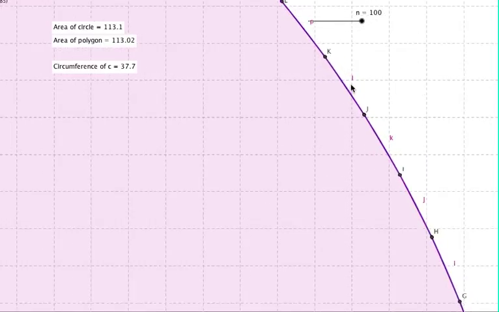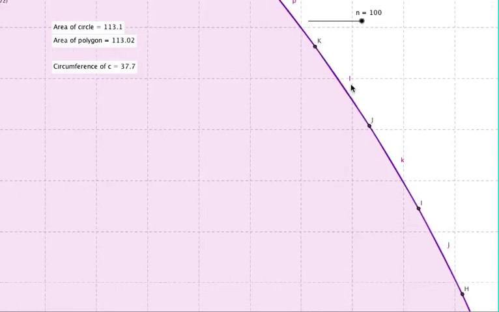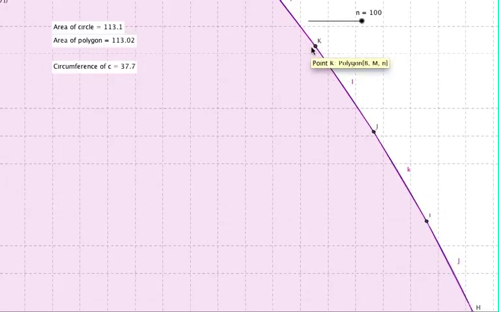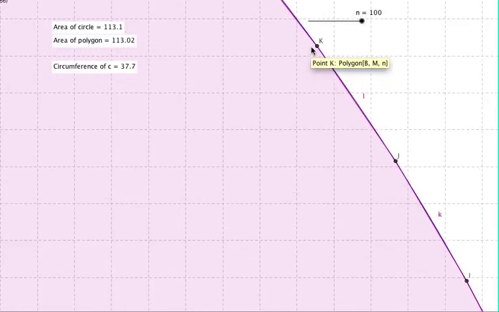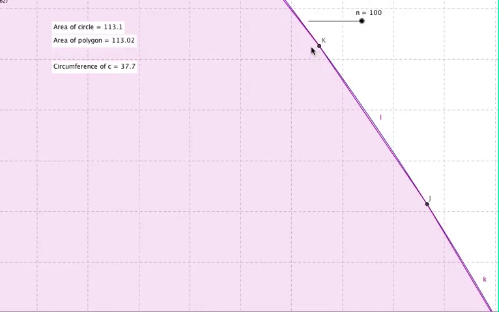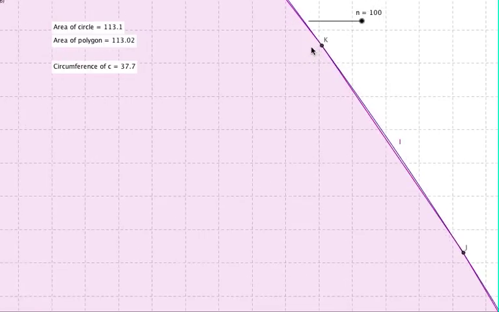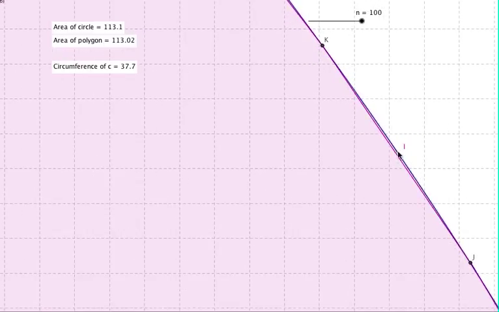Okay, here we go. Any second now. And what we see, and you can only just see it, right? That blue bit is the circle. This pink bit is the polygon, the 100-sided polygon. And there, if you can see it, is just that little white gap between the polygon and the circle.